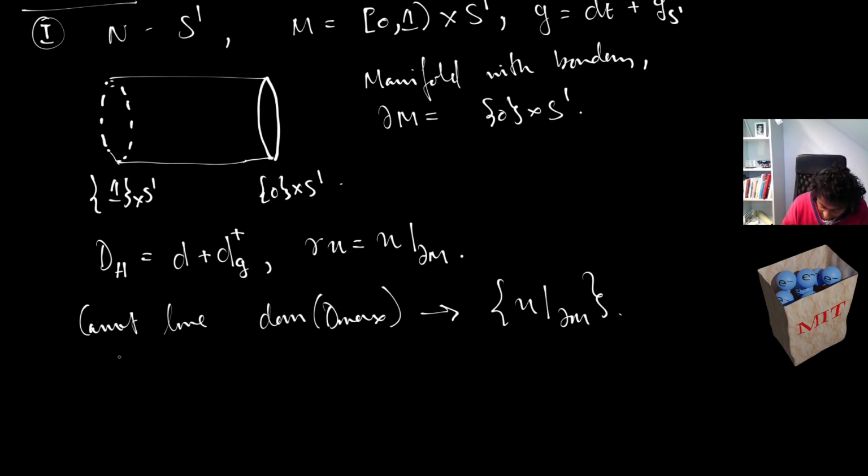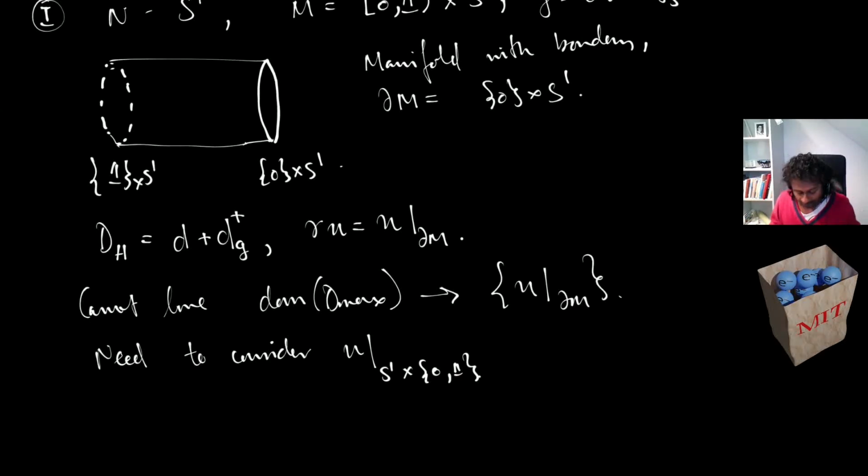We actually really need to consider u restricted to S1 cross both 0 and 1. Intuitively here we can see that the boundary really should be the piece 1 cross S1 as well as 0 cross S1.